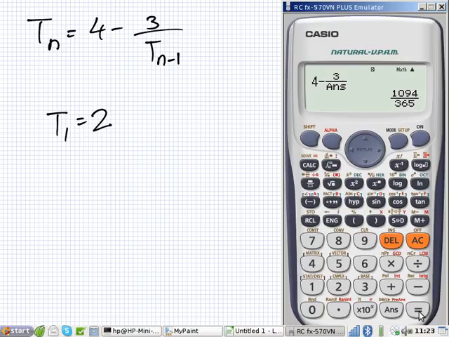Now, this value and the next value, they're nearly the same, right? And this is nearly the same as this. Can you see there's not much of a difference?